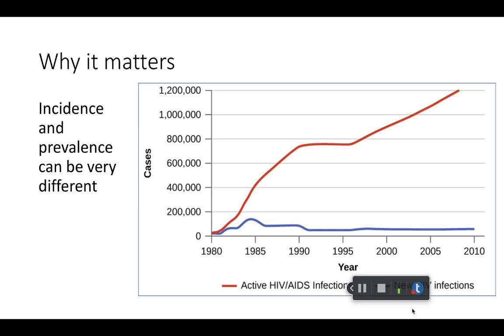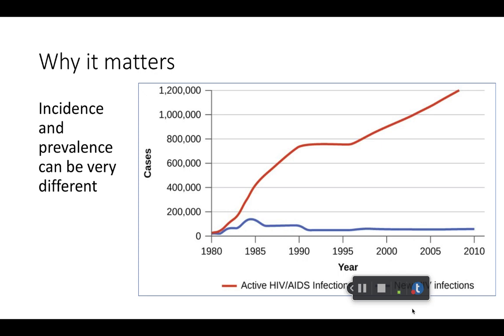Why does it matter? Well, incidence and prevalence can be very different. This is actually real data on active HIV/AIDS infections over time. That's the red line, an expression of prevalence if it was adjusted for the population size. The blue line is the number of new infections.